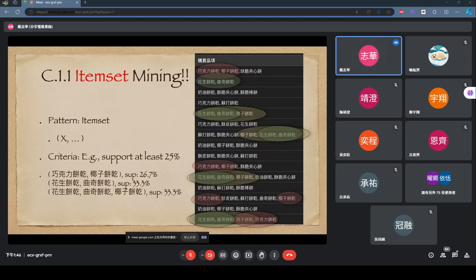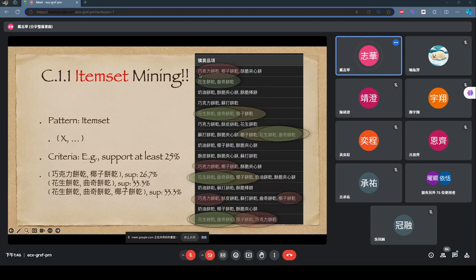So here we scan the transactions to see how many customers purchase a specific item, then we will get that.